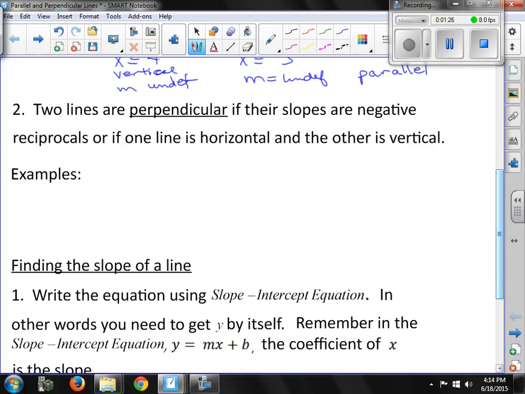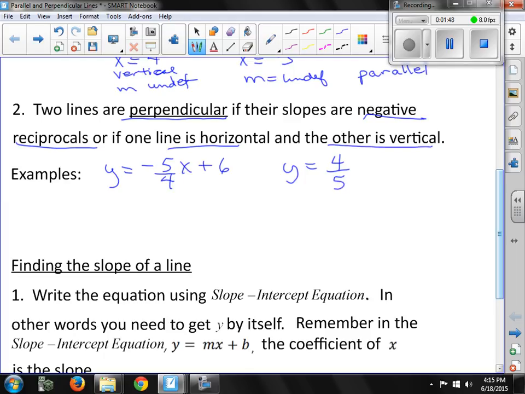Two lines are said to be perpendicular if their slopes are negative reciprocals of each other, or if one is horizontal and the other is vertical. Some examples: y equals -5/4 x plus 6, y equals 4/5 x minus 2.